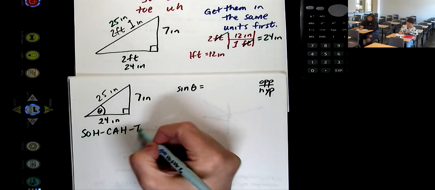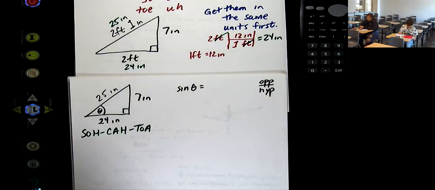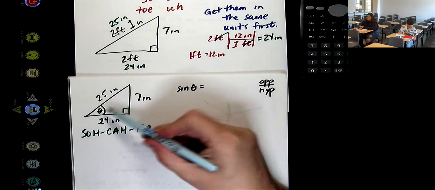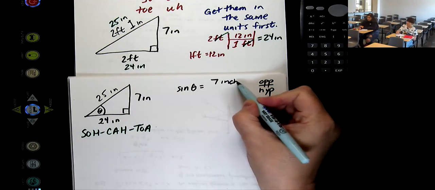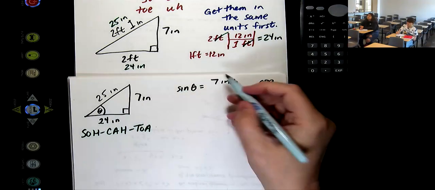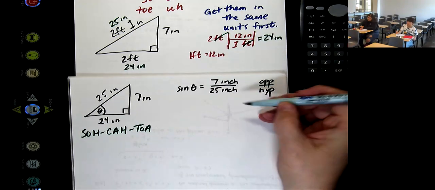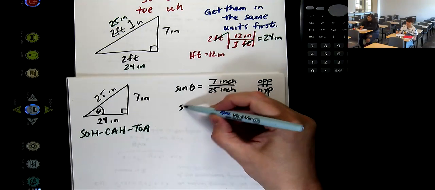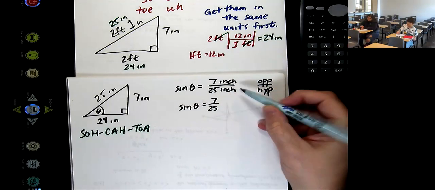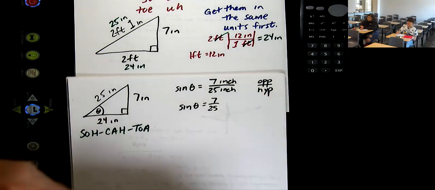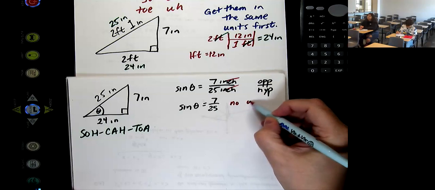Sine is opposite over hypotenuse. Opposite is 7, and hypotenuse is always the longest side, 25 inches. So sine of theta is 7 over 25. Notice that the units cancel out. There are no units on this.